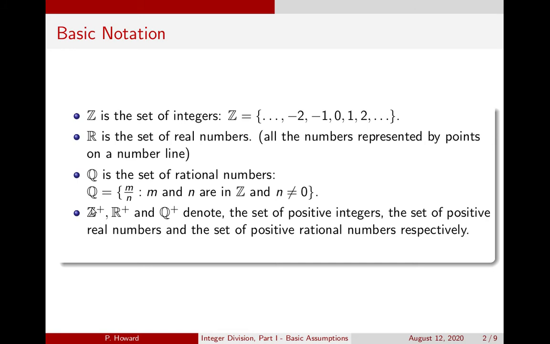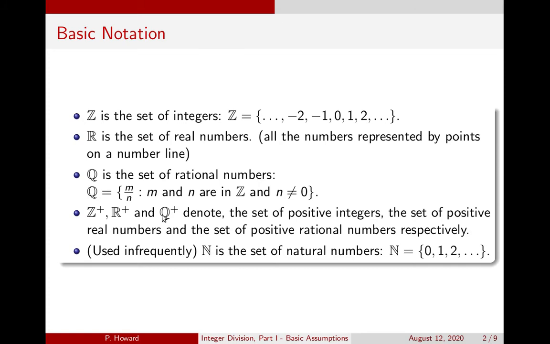So for example, capital boldface Z superscript plus is the set of positive integers. And similarly for the set of positive real numbers and the set of positive rational numbers. And another set that we will not use very often is capital boldface N, the set of natural numbers, 0, 1, 2, and so on.